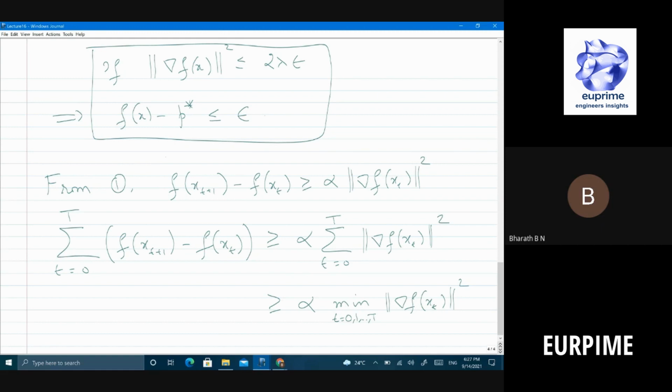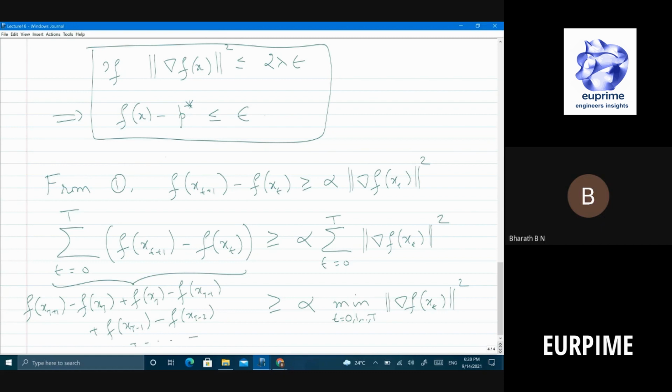What is happening here? Let's look at this. For t equal to capital T, you have f of x_{T+1} minus f of x_T. Plus, for t minus 1, you have f of x_T minus f of x_{T-1}, and so on. So this is basically f of x_{T+1} minus f of x_T, that's the first term, plus f of x_T minus f of x_{T-1}, that's the second term, plus f of x_{T-1} minus f of x_{T-2}, and so on.